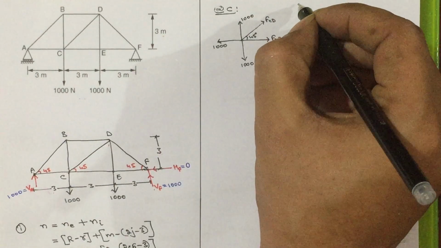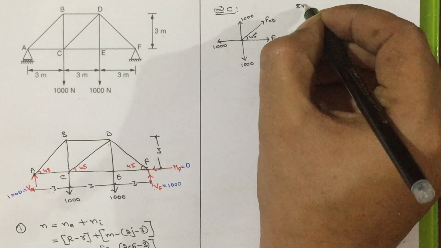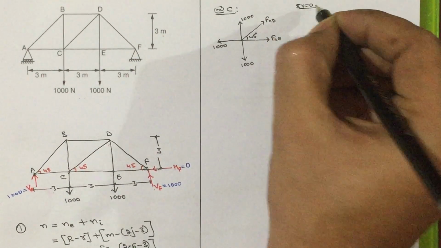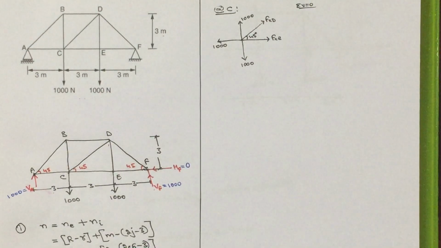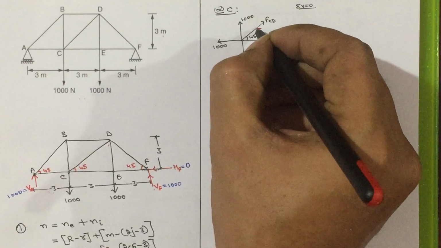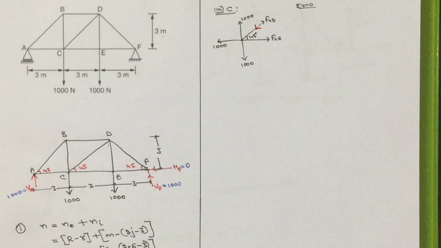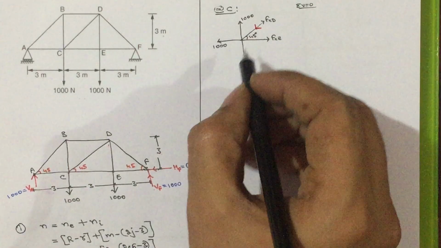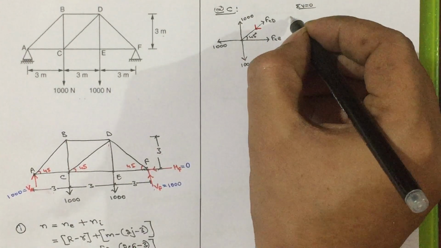So, first apply sigma V is equal to 0, only the vertical forces. Before that, draw a nearby horizontal and vertical line behind the arrowhead. Now, calculate sigma V. I will start from this force, that is minus 1000.